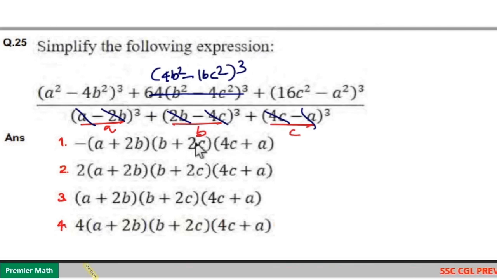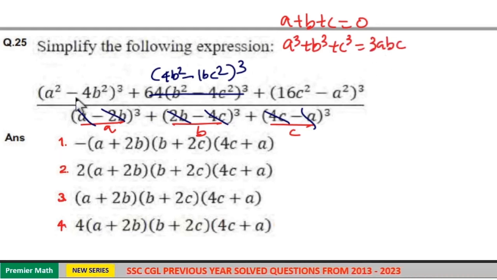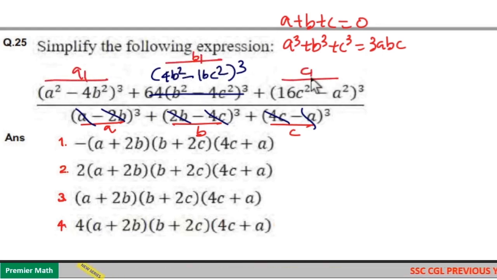That is, a plus b plus c is equal to 0 here. Whenever you have a plus b plus c equal to 0, then a cube plus b cube plus c cube is equal to 3abc. Now here also, if you consider this as a1, this as b1 and this as c1, then if you add a1 plus b1 plus c1, you can see a square minus a square cancels, minus 4b square plus 4b square cancels, minus 16c square plus 16c square cancels.